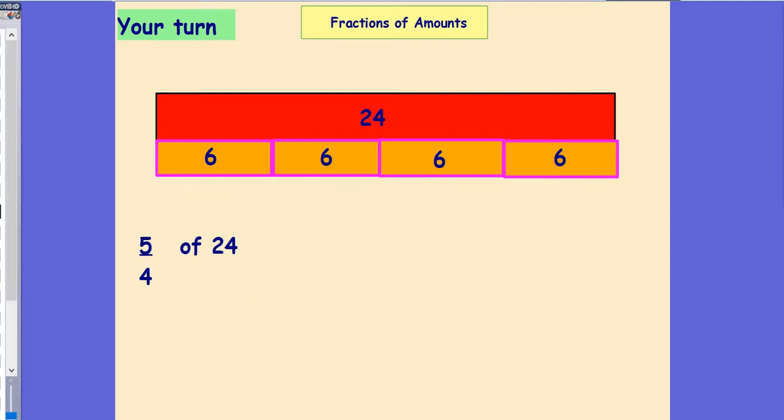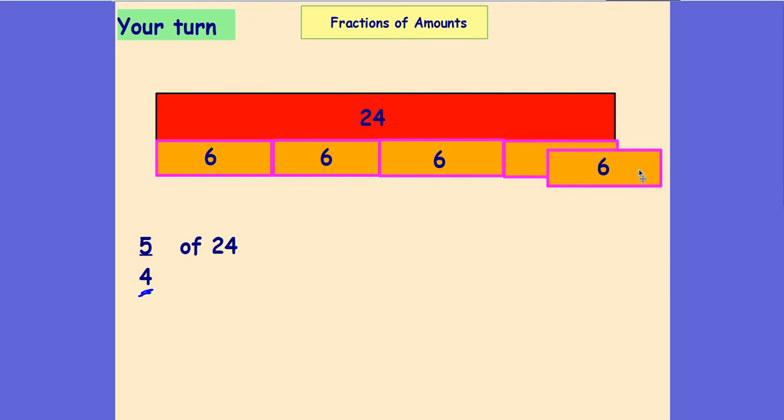Okay, finally, what's 5/4 of 24 therefore going to be? Pause the video, have a little think. In your light blue books, what's 5/4 of 24? Okay, let's go through the answer. So 24 divided by 4, because we've still got 4 as our denominator. So we split it into 4 parts, but this time we want 5 of them. So far my diagram only shows 4.